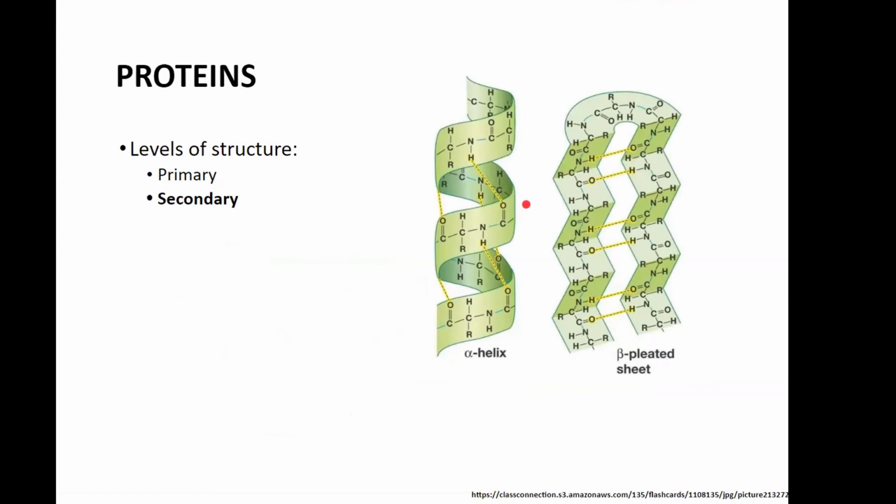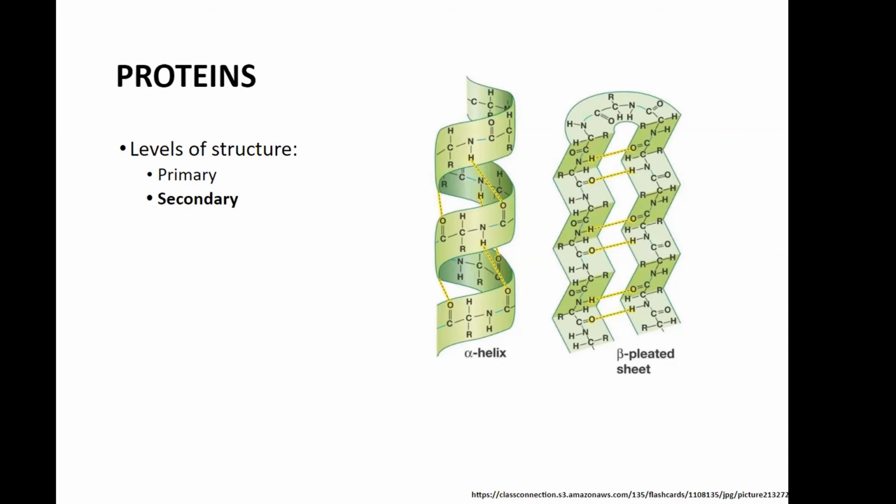Primary followed by secondary, right? We're just counting 1, 2, 3, 4, basically. So the secondary structure of a protein comes in one of two shapes. So once we have this long chain of amino acids, it starts to curl up. So some parts of that primary structure will form helices. So a helix is just a spiral, right? And when we're talking about proteins, we call it an alpha helix, basically because we're naming these shapes like A, B, and really we only get to B for our proteins.